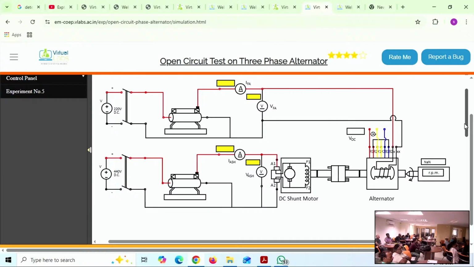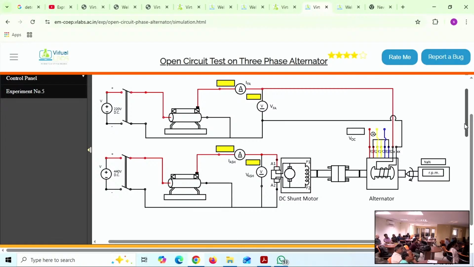Then the DC supply. Okay. This is to find the open circuit characteristic of the alternator. What is the first step, sir? As per our known understanding, in order to conduct this open circuit test, the alternator should be open circuited. We will measure the open circuit voltage, and for the alternator we do the next test, short circuit.